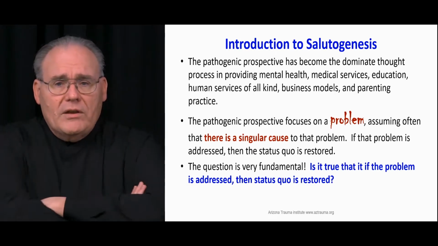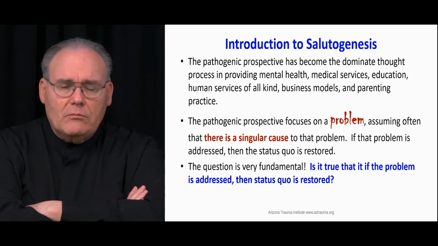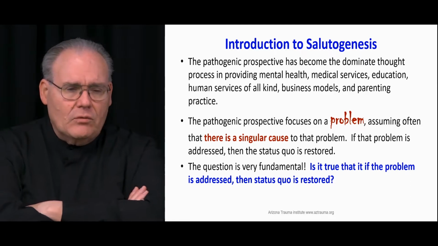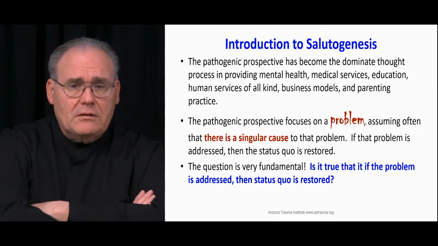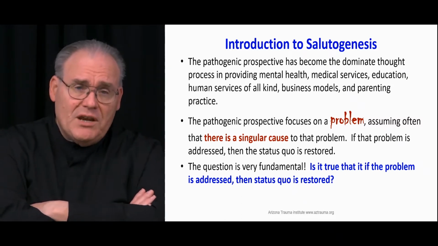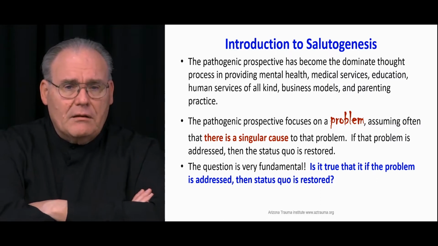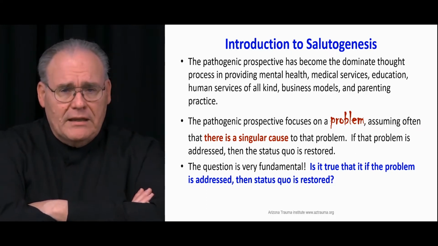So there are two general ways of looking at what we are seeing when we are dealing with mental health in general, but also, if we go to a broader spectrum and say health in general. There's a pathogenic point of view which is very prominent, and it is the primary view of medicine and mental health.